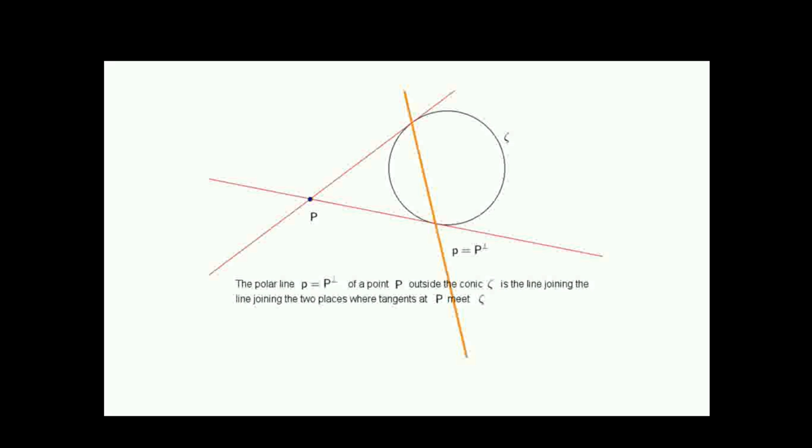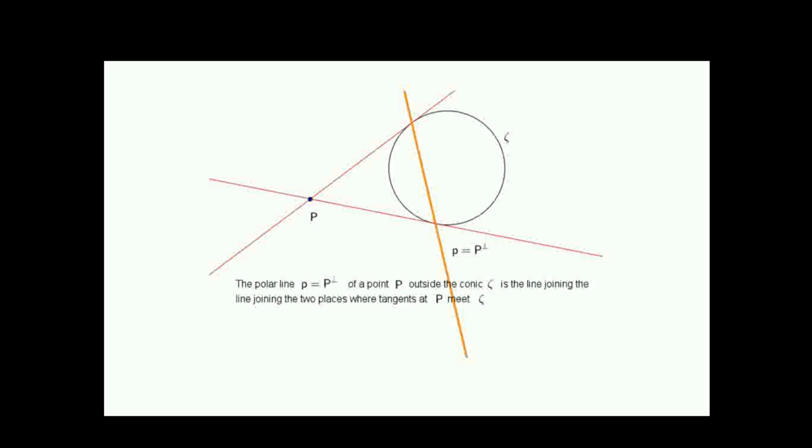It can be defined as the line that goes through the two spots where tangent lines from P meet this conic, zeta. So to find the polar, draw these two tangents from P to the conic, and then the line through where they meet is your polar line.